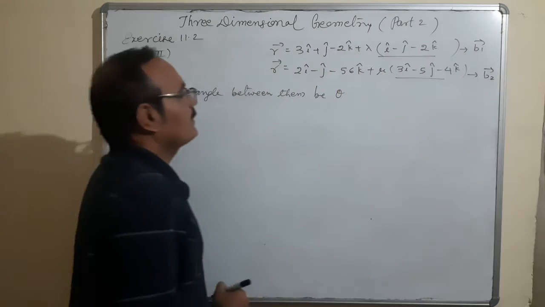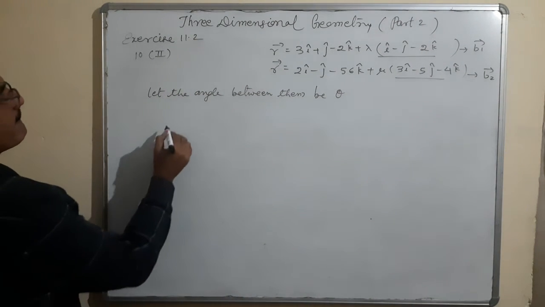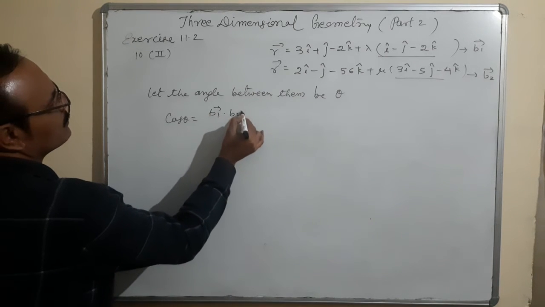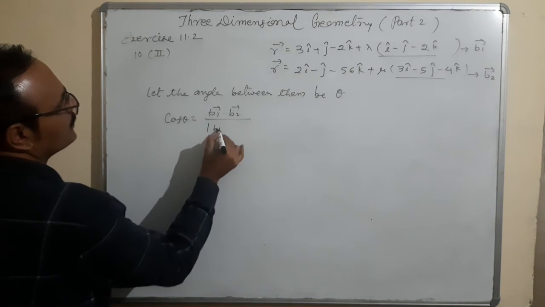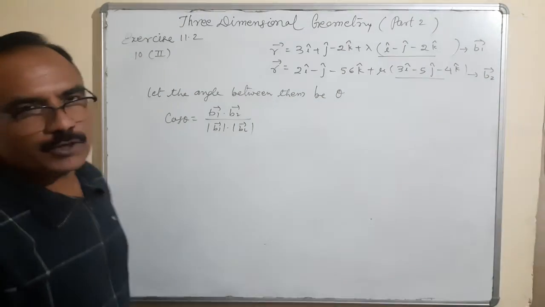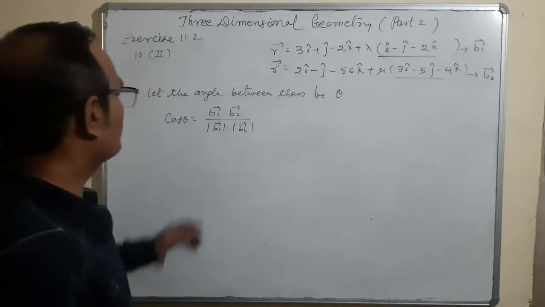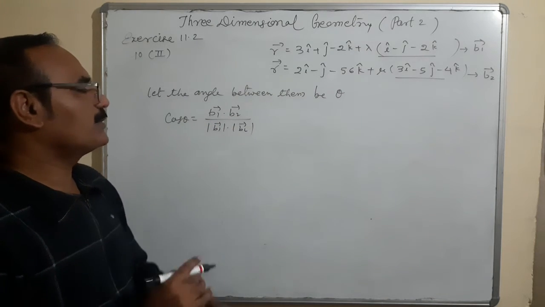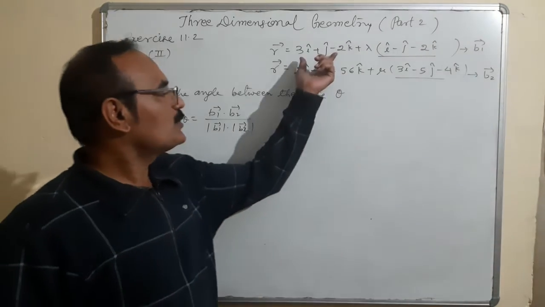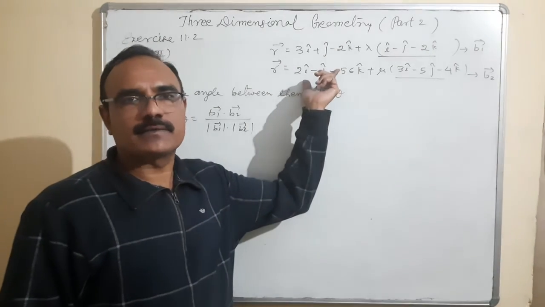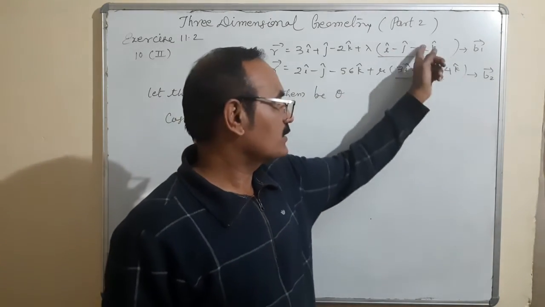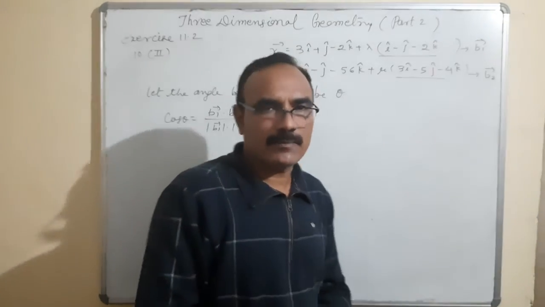Then cos theta is equal to b1 dot b2 upon magnitude of b1 times magnitude of b2. This is the definition of dot product. We don't use the points from where the lines are passing, we only use the vectors to which the lines are parallel.